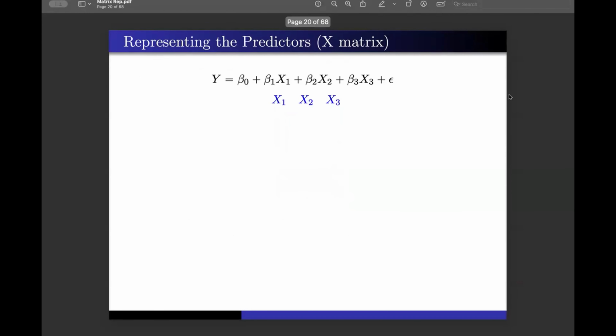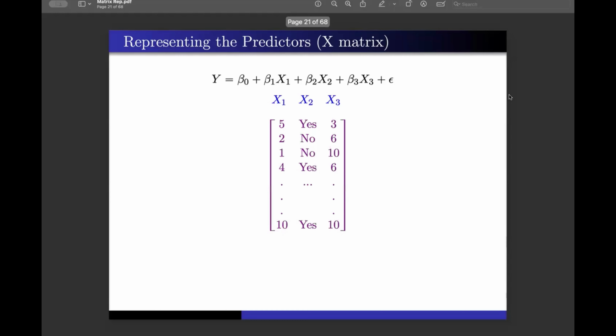Given this linear model equation, we would have information about the x1, x2, x3 independent variables, the values they take for n observations, from the data set. And x1, x2, x3 are multiplied with beta 1, beta 2, beta 3 respectively.